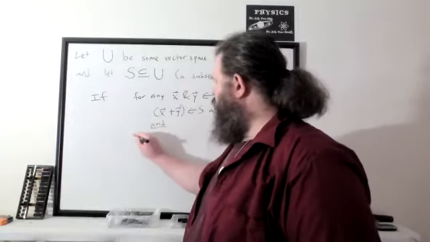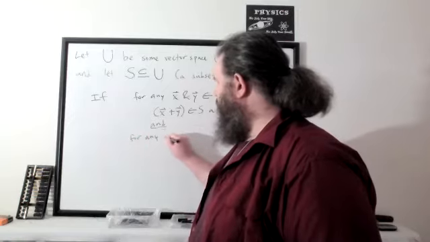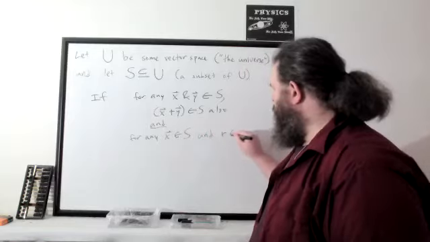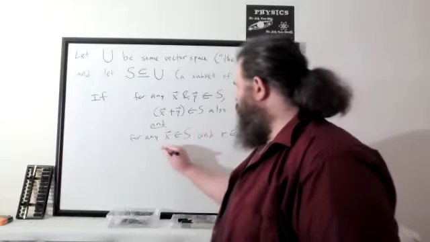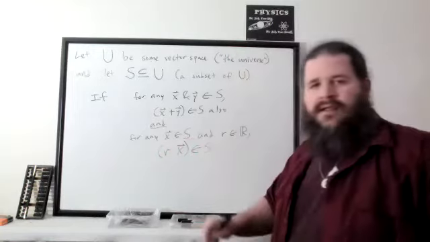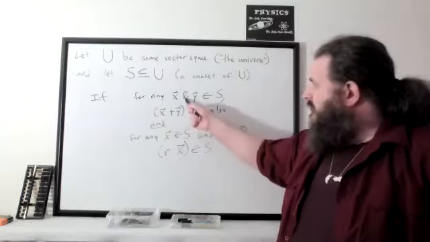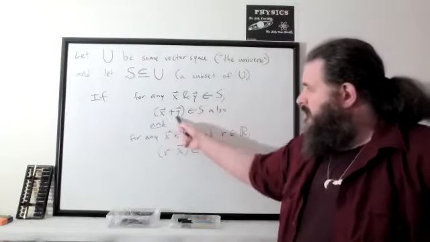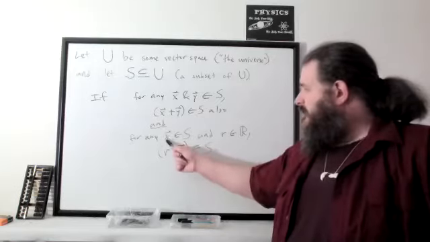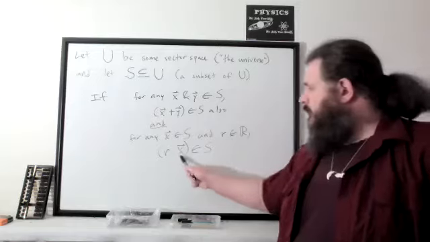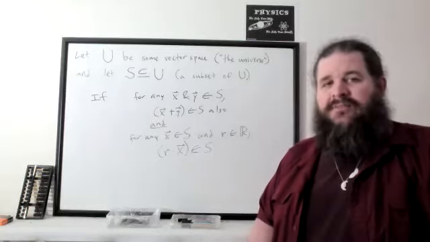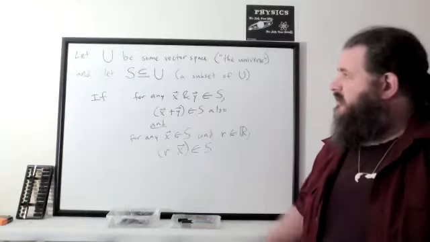And for any vector X in the set and any real number R, R times X is also a member of that set. If those two things are true, if adding together two vectors in set S results in a new vector that's also in set S, and multiplying any vector in set S times any real number results in a new vector that's also in set S, then we say that S is a space. And specifically, we would say S is a subspace of U.